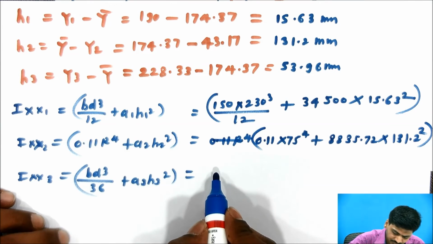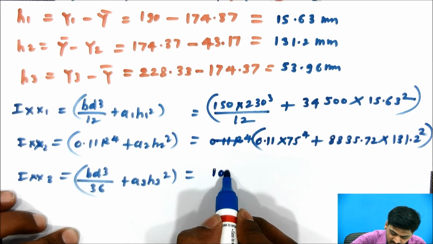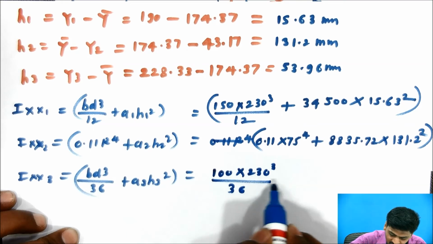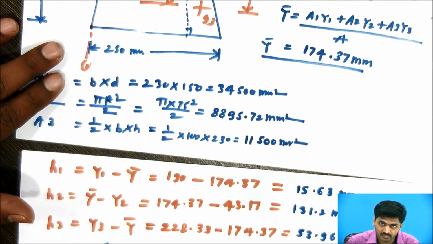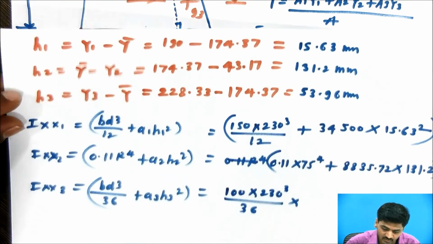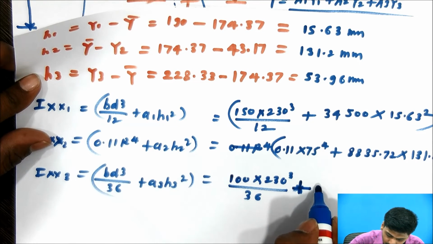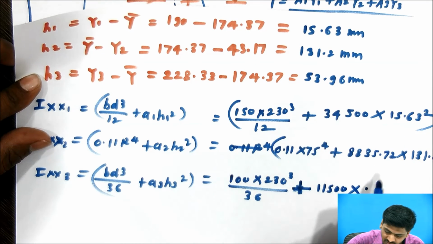And the third one, BD cube by 36, B is 100, depth is 230 cube divided by 36, plus the area of the figure, which we have already considered, 11500, into 53.96 square.